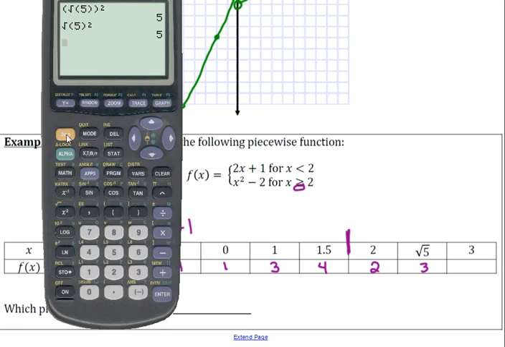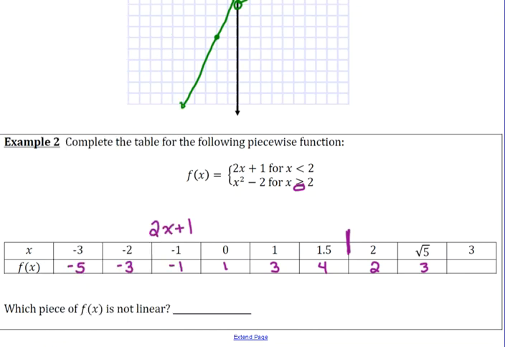If you would get lucky in this case if you didn't close your parentheses, it would still give you the correct answer. But parentheses are important. Okay, and then plugging in 3. 3 is greater than 2, so 3 squared minus 2 is 7. All right, so that's just more practice on evaluating, deciding which piece it falls into.